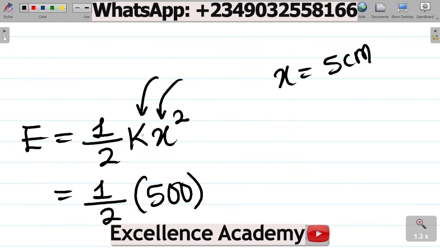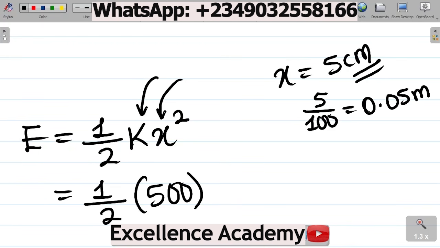Note that k was measured in Newton per meter, while x is in centimeters. That means you have to convert from centimeters to meters, and to do that we divide by 100. That becomes 5 over 100, which is 0.05 in meters. So the value of x in meters is 0.05.